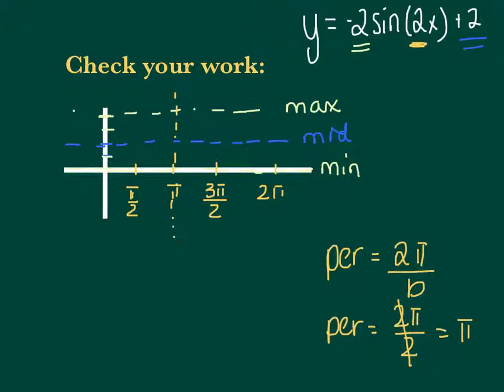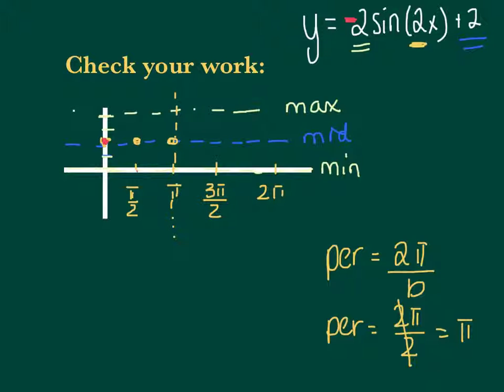So now I'm pretty much all set. Sine is midline, midline, midline. And now is when I need to remember that this is a -2 sine 2x plus 2. So when I start here at my y-axis, I'm going to go down to my... take that back. There we go.